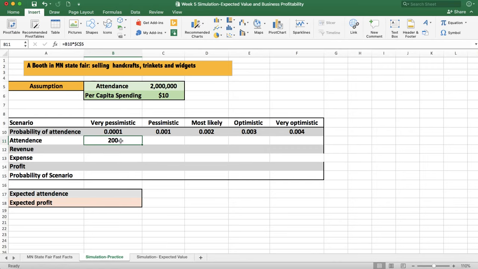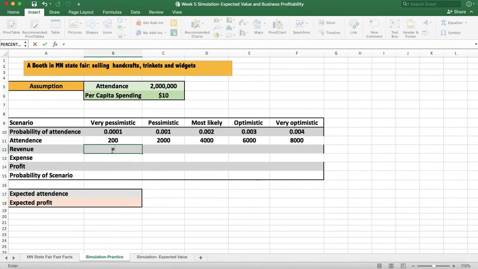Then, reading over, we have the attendance for every scenario, and the revenue for this scenario, because we have 200 attendance, averagely spending $10 in your booth.